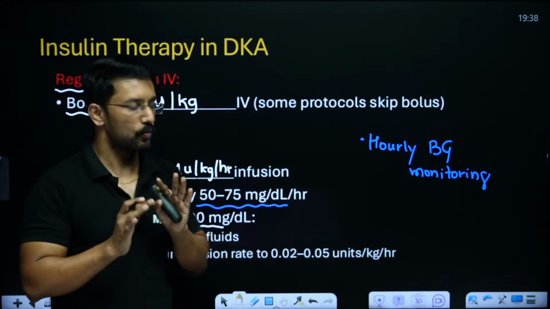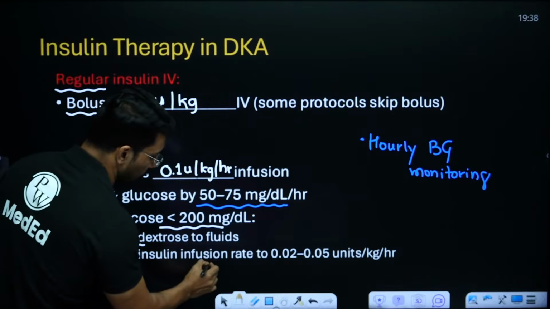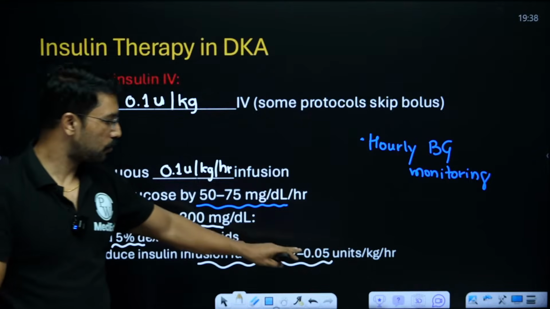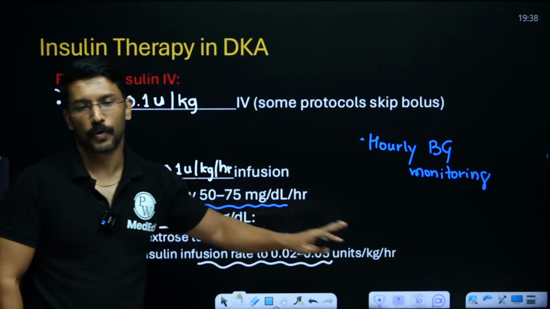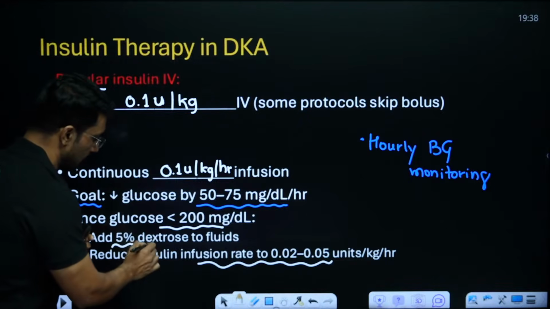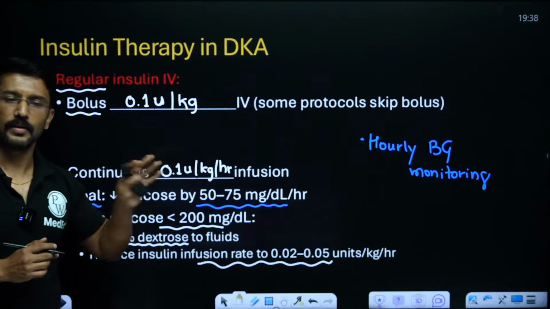So now what I should do, once it is less than 200, I will reduce the insulin infusion rate to 0.02 to 0.05 units per kg per hour. And second, to support the cells with glucose, we also need to add 5% dextrose to the fluid.